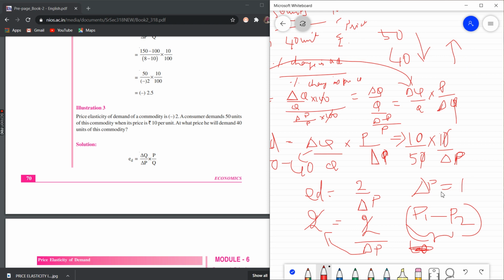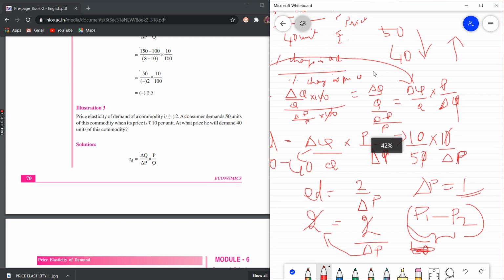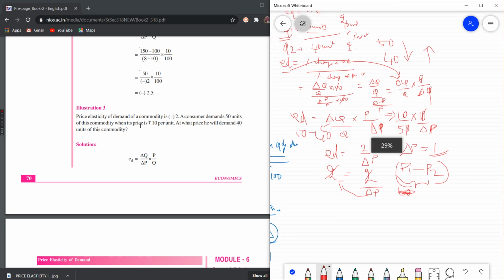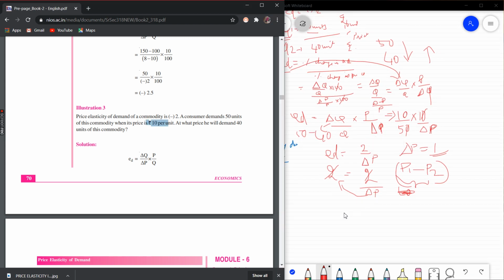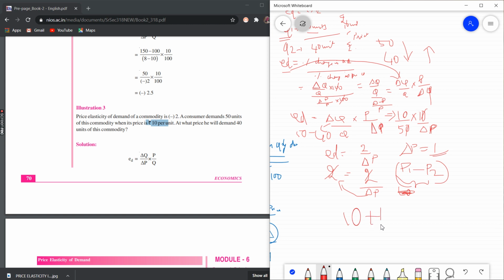So we have to conclude that there will be an increase in the price by rupee 1. Already there is the price of 10 rupees as given in the question, so now the price will be 10 plus 1, which is equal to 11 rupees. So 40 units of the commodity will be sold at 11 rupees. Okay, this is the conclusion.